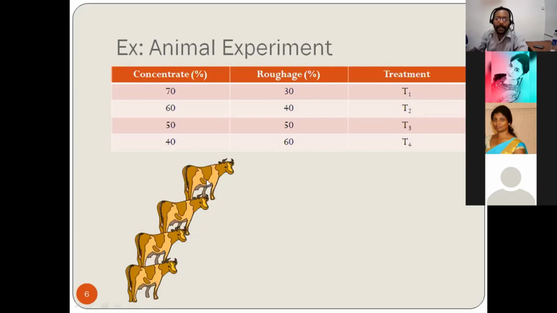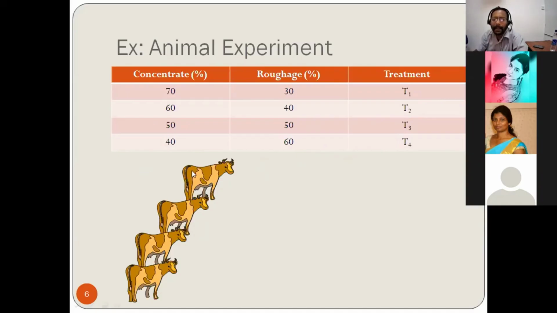If I choose 4 different breeds, what is the problem? Let's say this is Frisian, this is Ayrshire, this is Sahiwal, this is Sindhi. What is the problem if I allocate all these 4 treatments to these 4 cows, which are very different breeds?